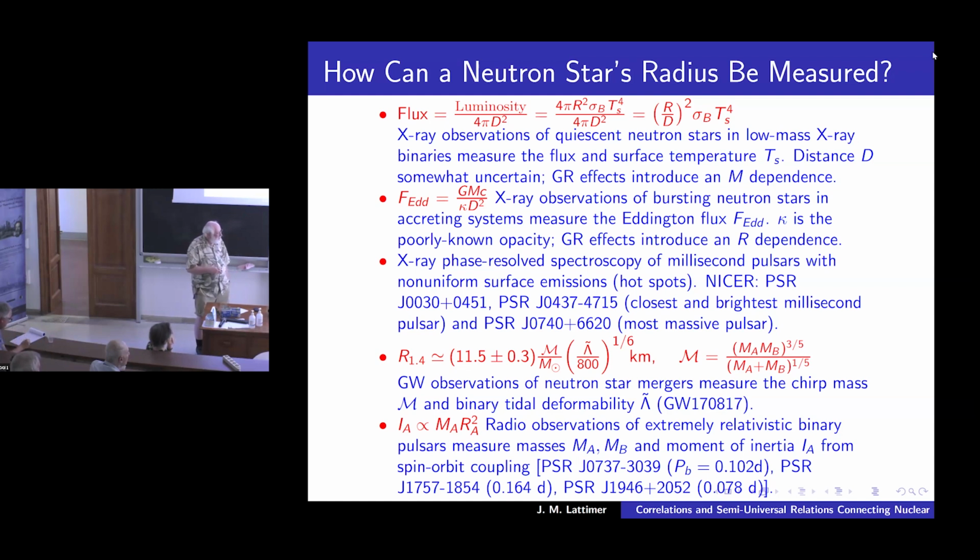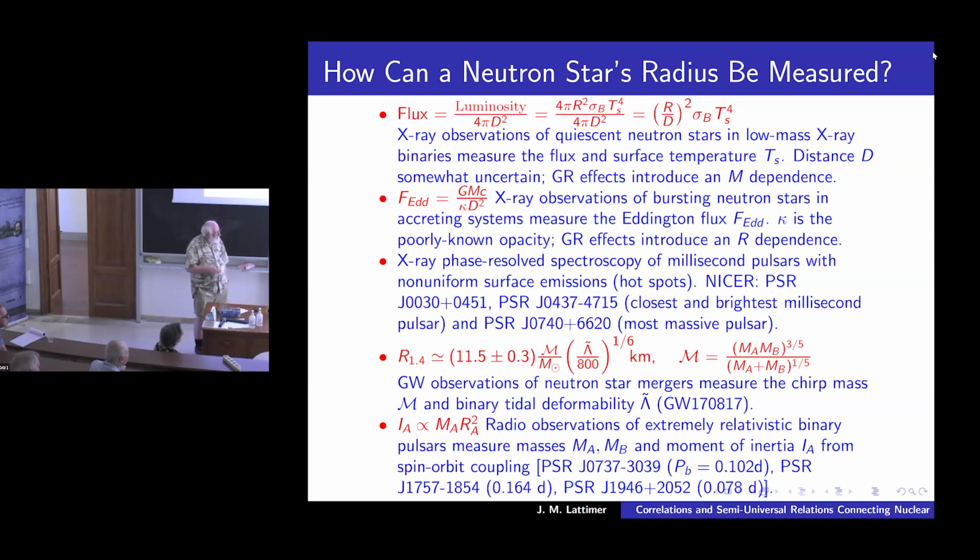So this is very important because these two stars are around 1.4 solar masses, and this star is a little bit in excess of 2 solar masses. So it's interesting that we can measure the radii of two quite different mass stars, and I'll have more to say about that later.